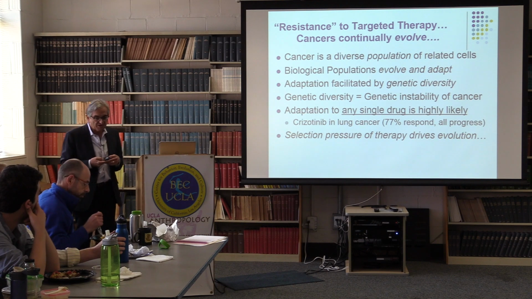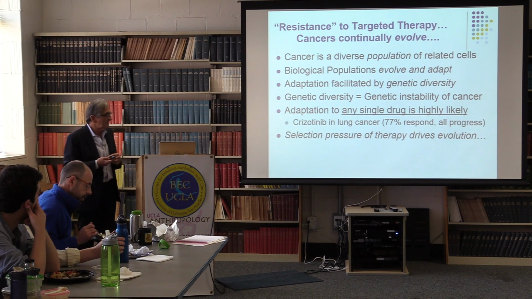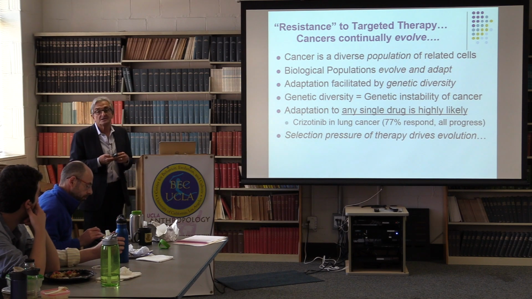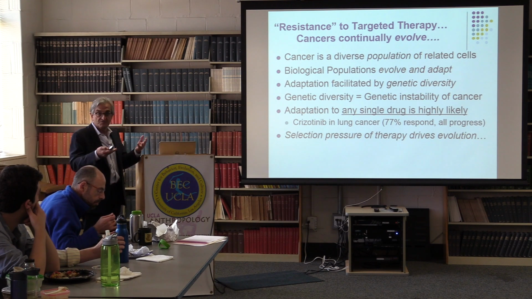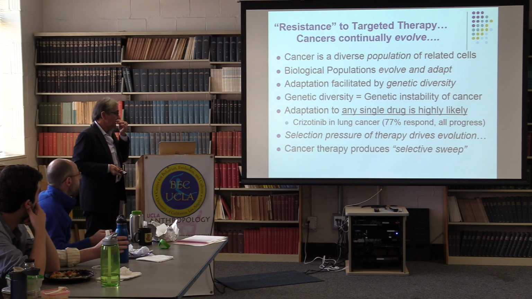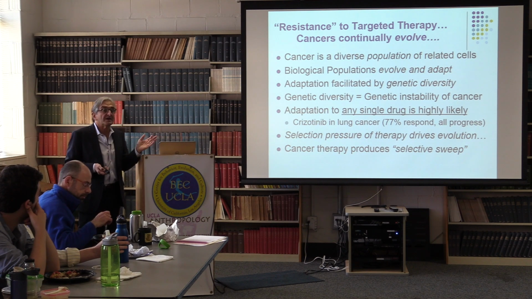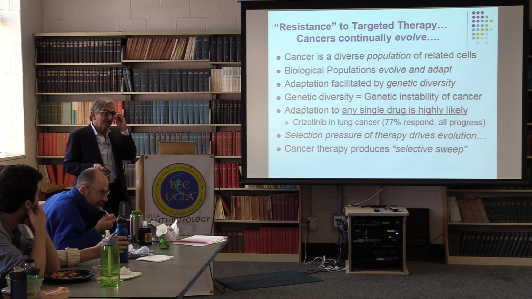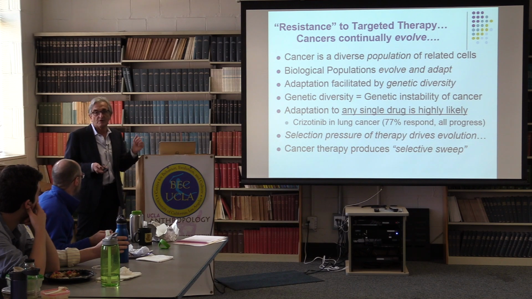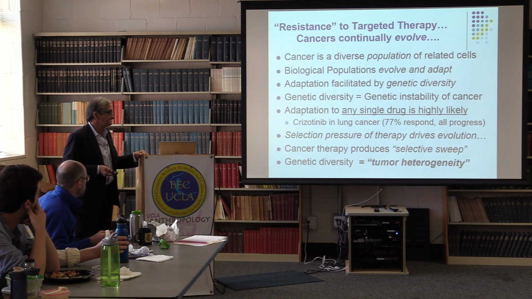So our selection pressure, what we do every day in the clinic, is driving the evolution of the cancer cell population. It can produce a selective sweep, but if we don't kill every last cell, what we've really done is selected a truly resistant, hard-to-kill subpopulation that eventually grows back up.